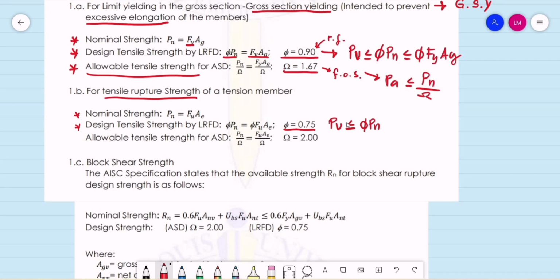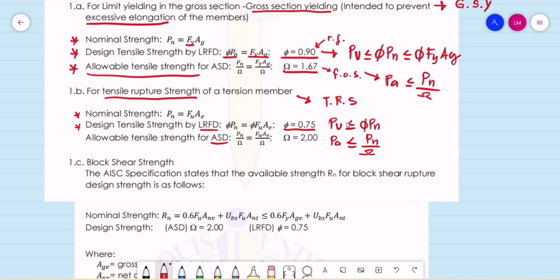Then for the ASD, our P allowable should be less than or equal to P sub n divided by your factor of safety. So that is for the tensile rupture strength, or we can abbreviate this as the TRS.